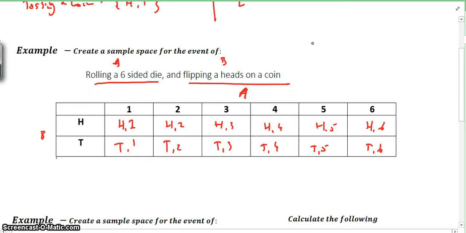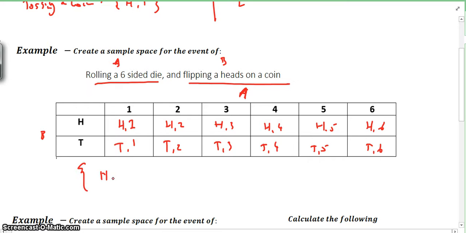Now, the more formal way of representing this particular sample space would be to write probability of, whatever's, you know what, I'm just going to leave that for now. The proper way of doing this would be to write out the set notation.